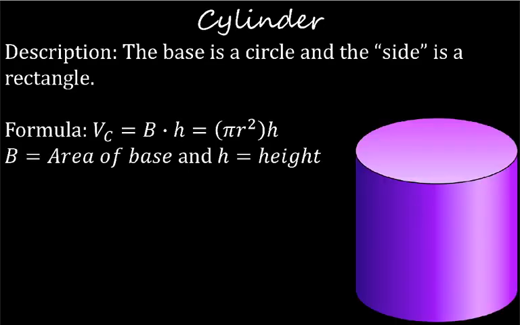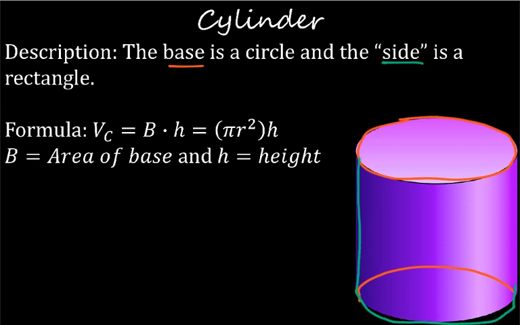A cylinder is a three-dimensional object where the base is a circle. So there you can see the base, and there you can see the base. And the side, and I put that in quotations because we don't really have a side of a cylinder. It's called the lateral face, but it's all of this right there.